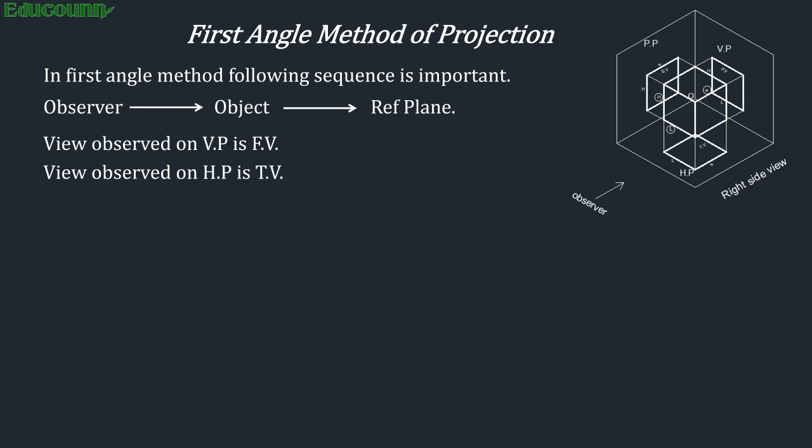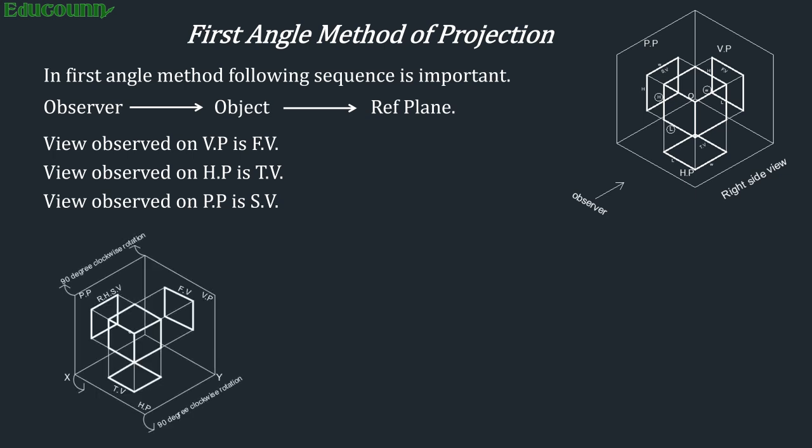If you see the same cube from the top, again you are going to see the square shape, and the same square shape is seen in the side view, which will be obtained on the profile plane. So everywhere you are going to obtain the same shape, the true shape, on VP, PP and HP. In the front view, top view and side view, a square will be obtained. So these are the conclusions while doing the first angle method of projection.